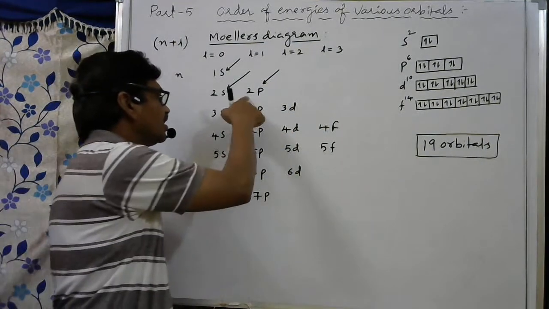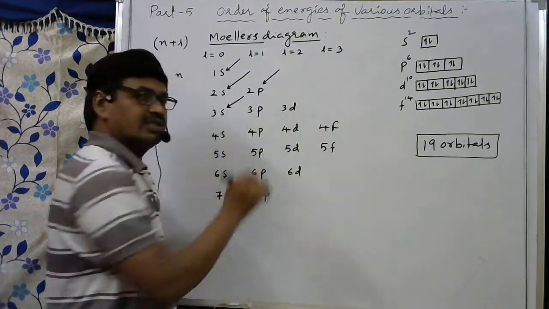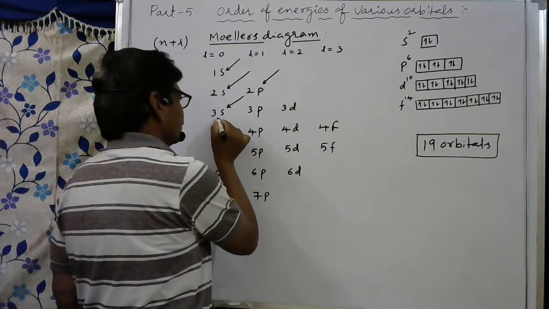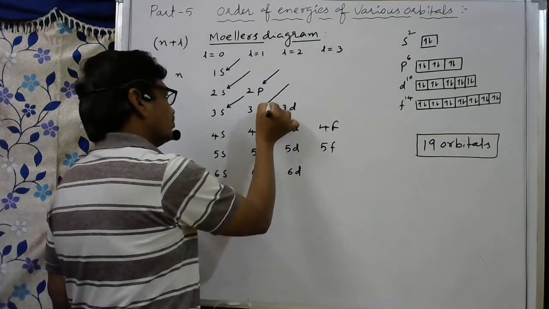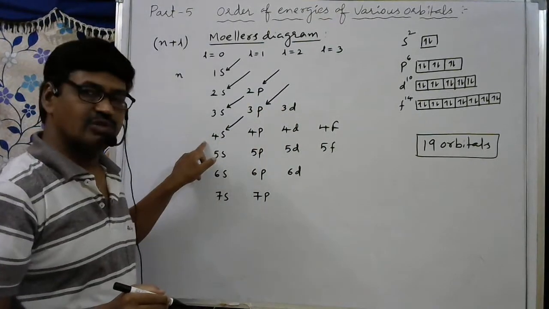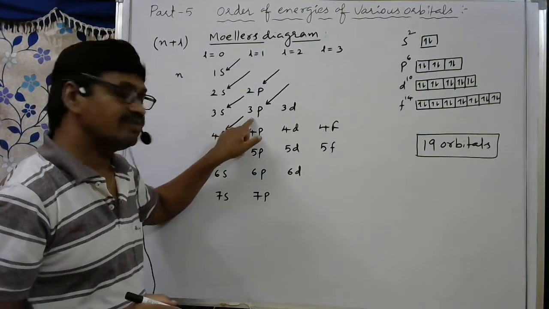After filling it completely with 6 electrons, then electrons enter into 3s orbital. Then next, after filling 3s orbital, we have to consider 3p, 3d, 4s. But if you take 3p orbital and 4s orbital, among these two, which has more energy? 4s.